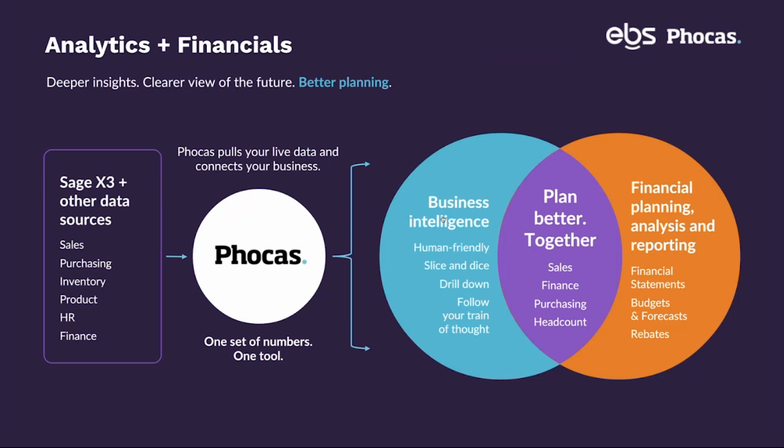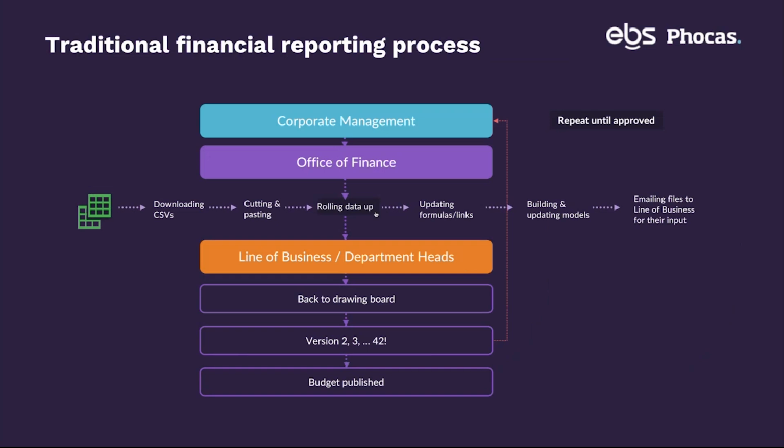And we see that as a common approach across all Sage customers, whether it be businesses running 50, 200, X3, or even Intacct. So when I'm speaking to businesses, we tend to see quite a traditional approach to financial reporting. It's effectively led by the Office of Finance.